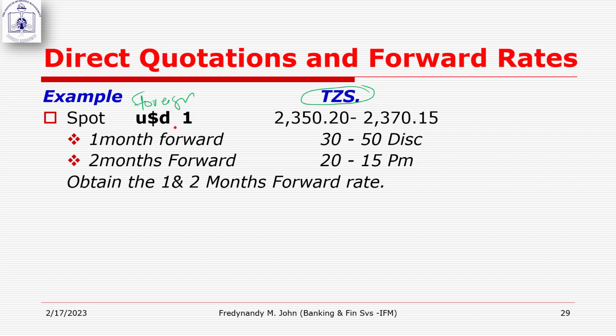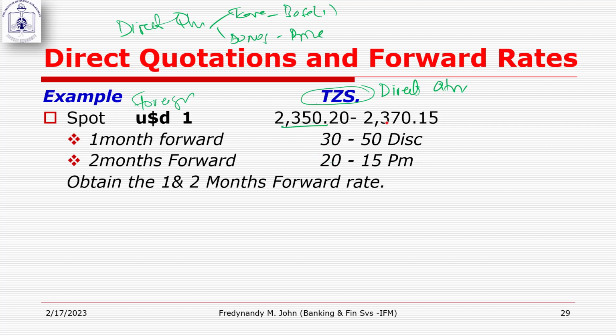Now, what kind of quotation has the foreign currency as a base and domestic currency as a price currency? It is direct quotation. Under direct quotation, foreign currency will be the base fixed at 1 and domestic currency will be the price currency, which varies. So you see here, Tanzanian shillings are the one that varies.